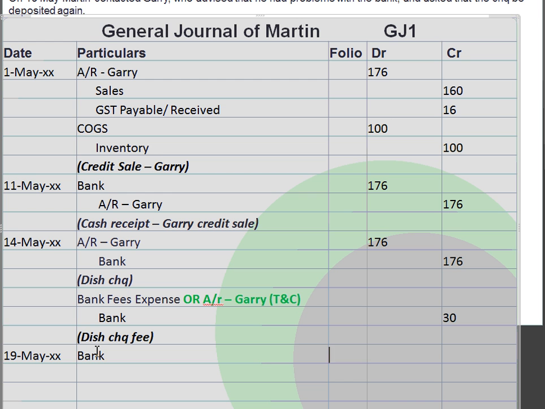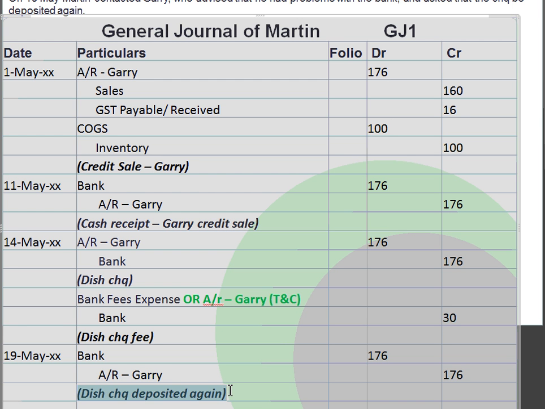We're taking the check to the bank, so the bank will go up by $176, and we need to decrease accounts receivable Gary by $176 because really Gary doesn't owe us that money anymore. So we can just say dishonored check deposited again or similar.